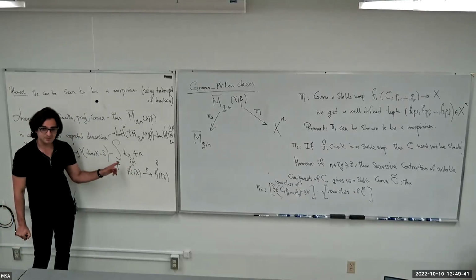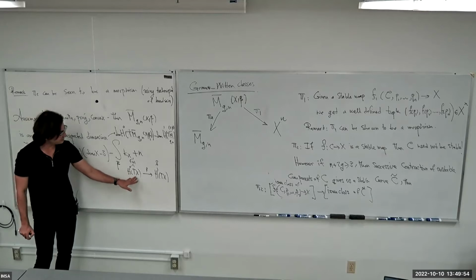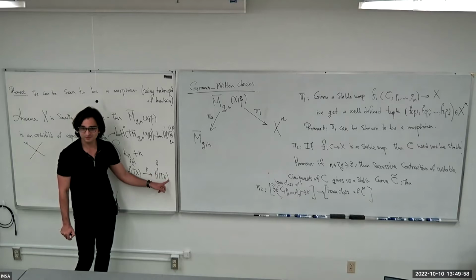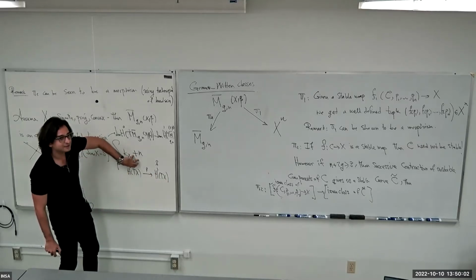Now, this subspace is the realization of the part of your space for which the tangent sheaf can be a bundle. Do you know why? Because these are all the parts of H0 of T_X for which H1 vanishes. It's the pre-image of 0. So this part that sits inside here is the locus of the space that has expected dimension.